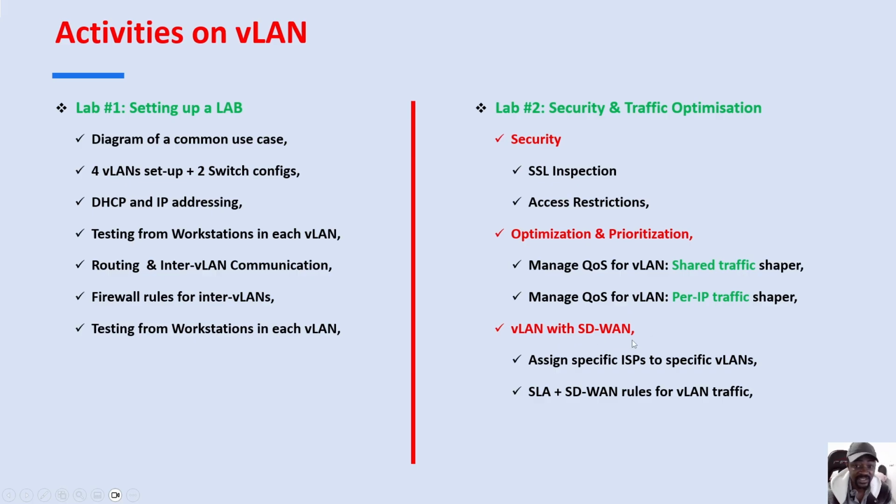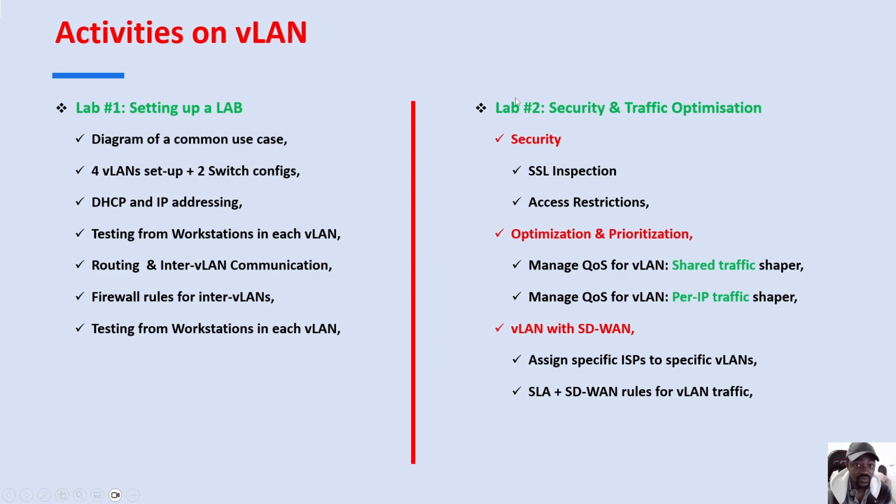The VLAN and SD-WAN part is related to when you have two ISPs connected to your FortiGate firewall. So you would like, for example, to redirect one or two VLANs to a particular ISP and redirect the other VLANs to another ISP. So we'll talk about this in the third section.